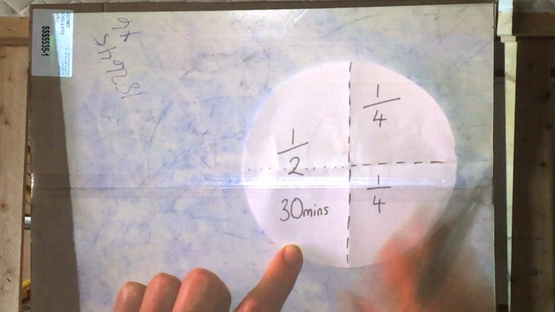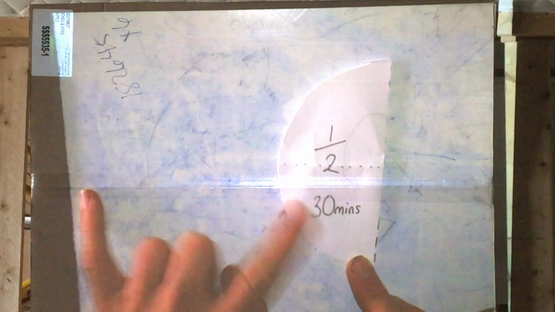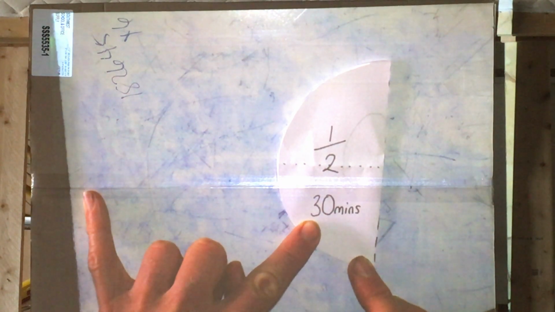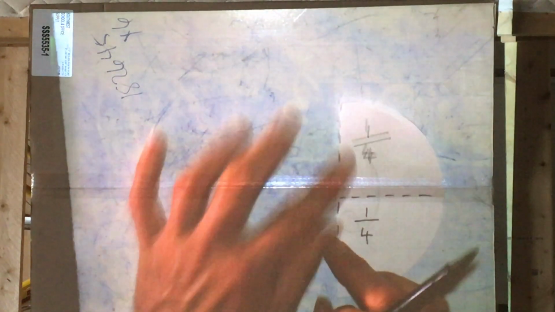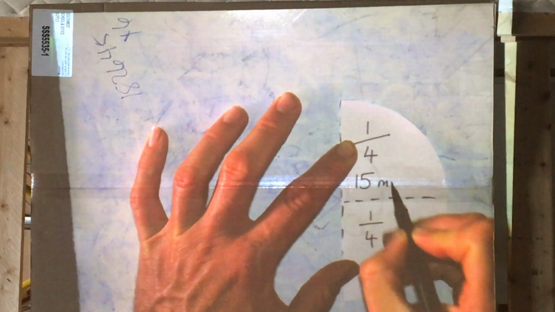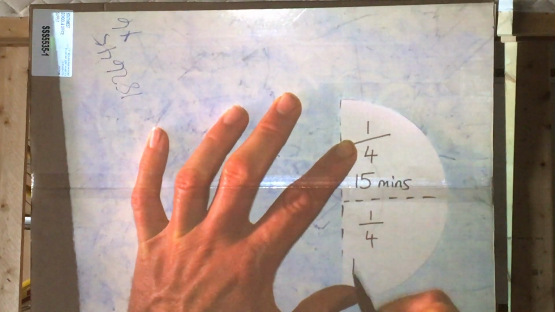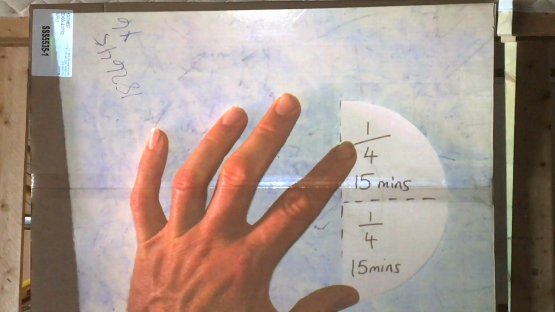Now, if a half is worth 30 minutes, and we folded it in half again, what's half of 30? Well, that would be 15 minutes. 15 minutes. And that's what we're going to be working on today.